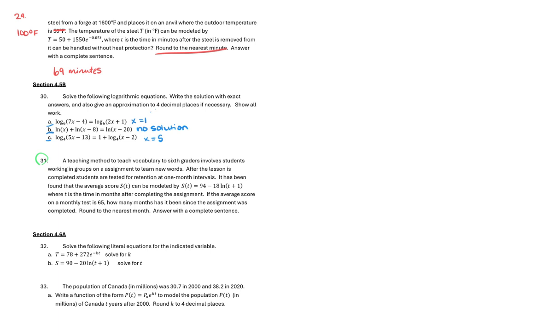So t is in months, S of t is our score, so we have that 65 is our score, which is equal to 94 minus 18 natural log of 1 plus t. So we need to go ahead and solve for t.